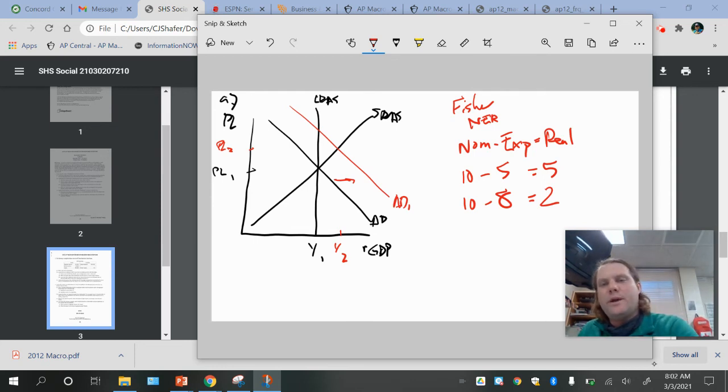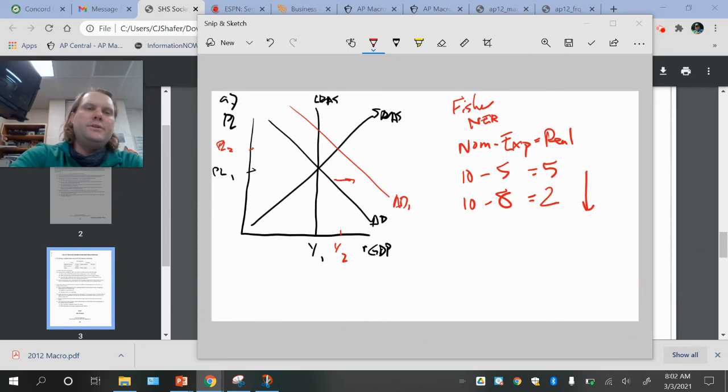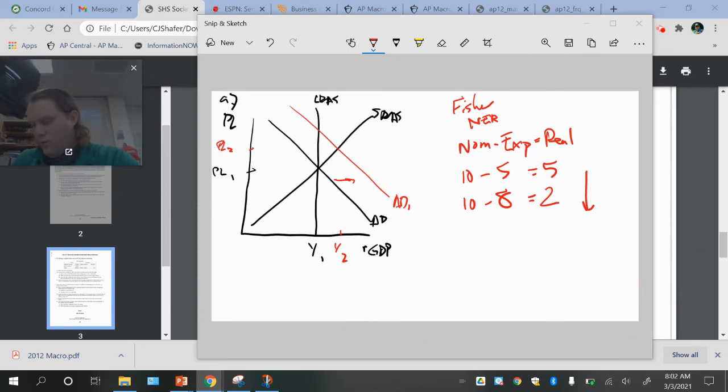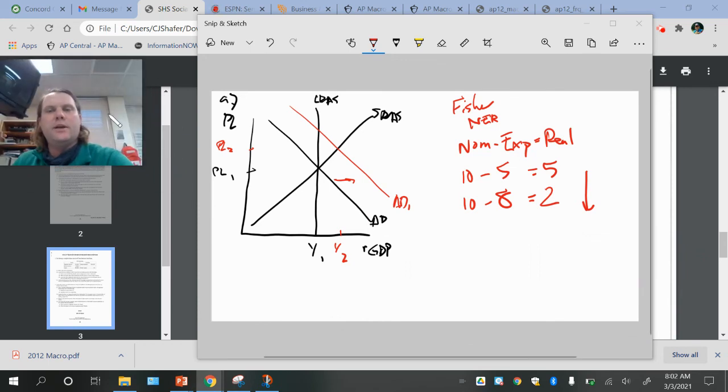If nominal wages are frozen, right? That's the part of our equation. What's the impact of higher exports on real wages? Real wages are going to go down, okay? Because nominal wages have to adjust with expected inflation to give us an actual raise, okay? And again, you can plug any number in there for that nominal stuff. That's just kind of the way that I walk myself into the answer.